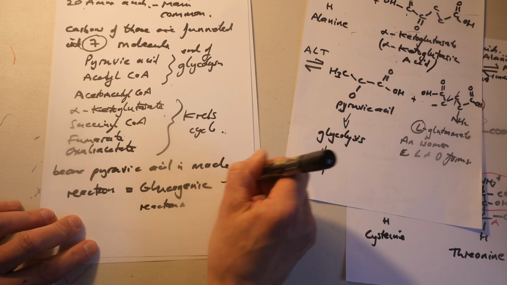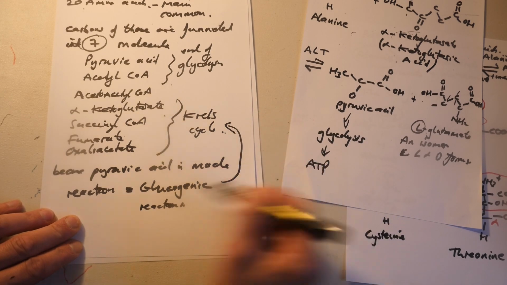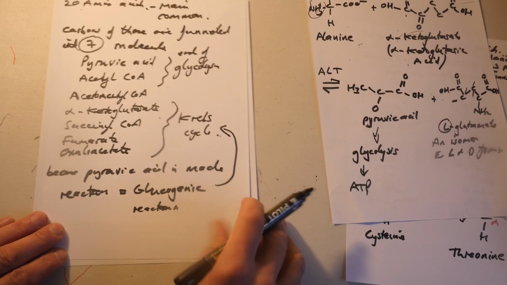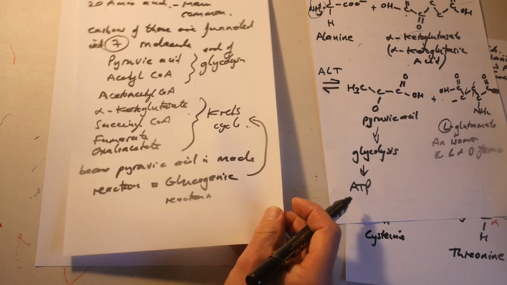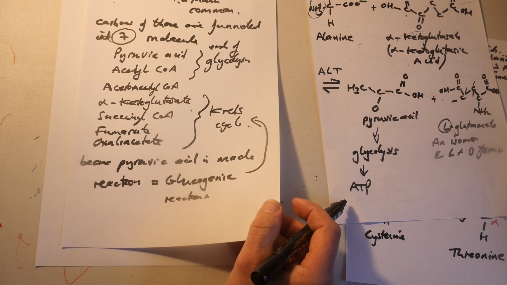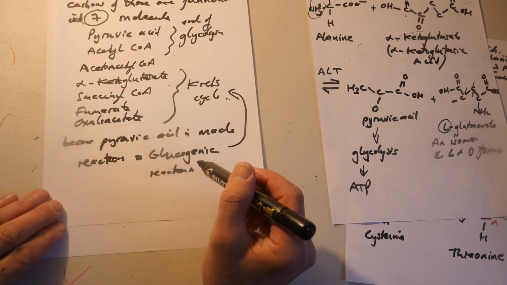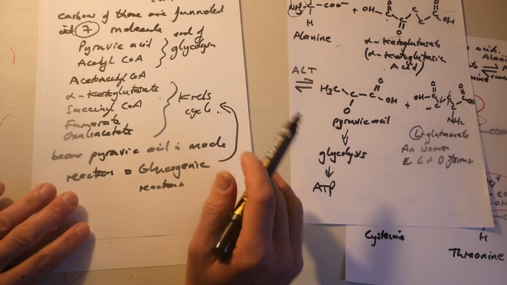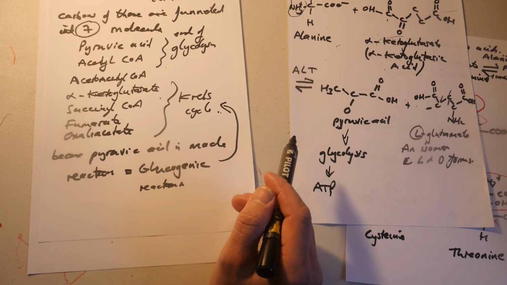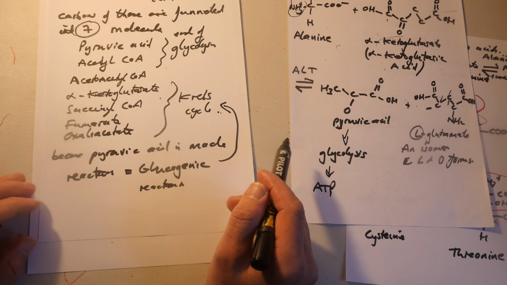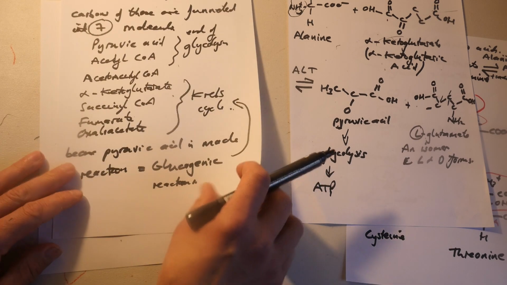These molecules are made in the glucogenic reactions. So the net synthesis of glucose from alanine happens because the Krebs cycle intermediates and pyruvate can be made into phosphoenolpyruvate.